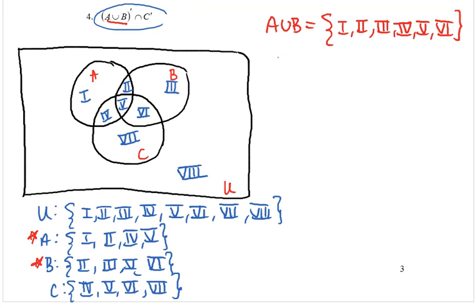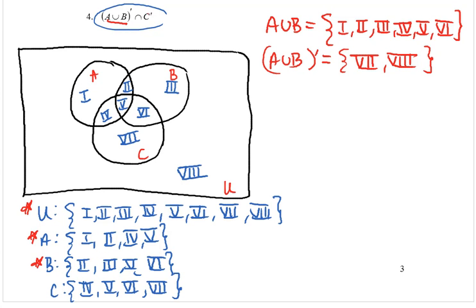Now we want to find the complement of this set. Okay, so this set has 1, 2, 3, 4, 5, and 6. If we compare it to the universal set, the only elements that wouldn't be in it would be 7 and 8. So the complement is the elements that are not in that set that are in the universal set.